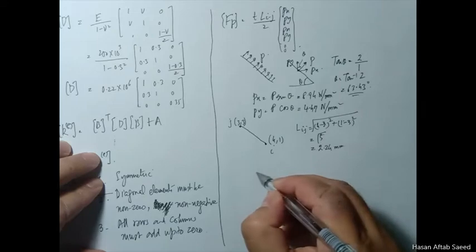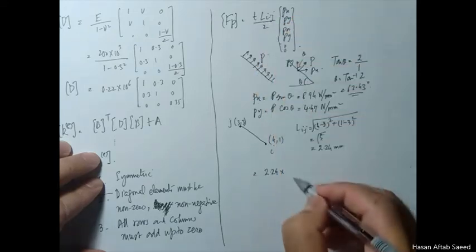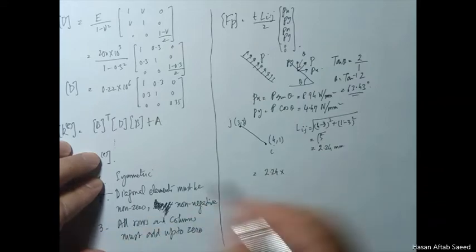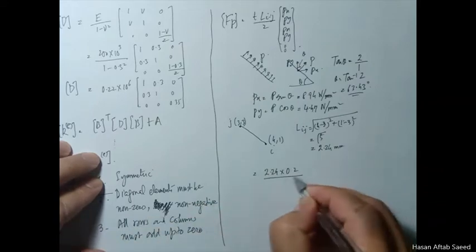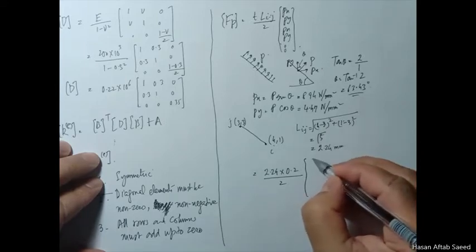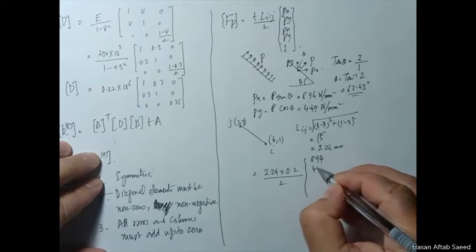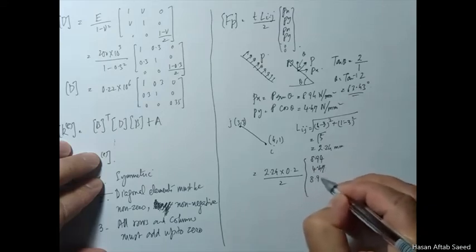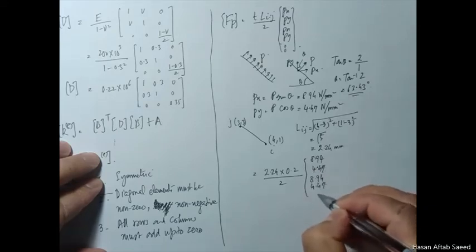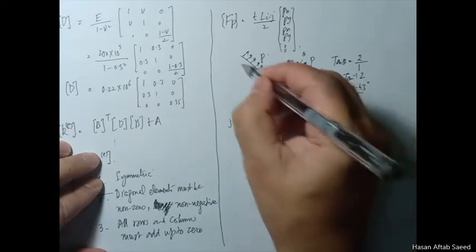Just put in the values: 2.24 for this, thickness was 0.2 over 2, and here just put in the values of 8.94, 4.47, 8.94, 4.47, and then 0 and 0, because we're talking about this I node and J node.